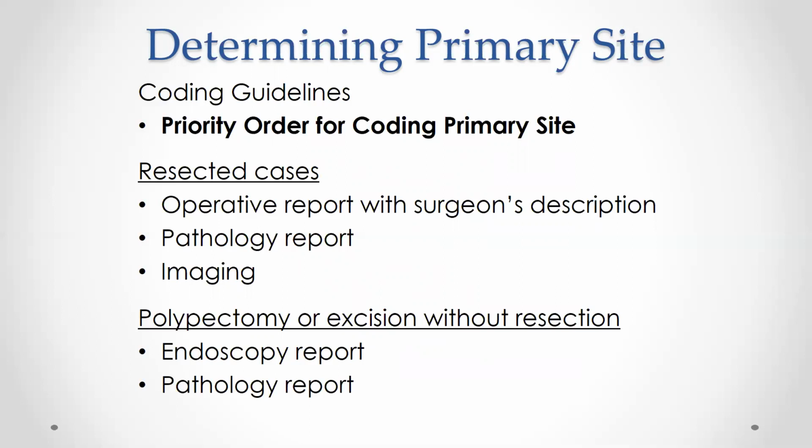For resected cases, the operative report with the surgeon's description should be used over the path report or imaging to determine the primary site. In general, don't rely on the path report label unless that's all you have, because remember, the surgeon is actually seeing where this tumor is located, and the path report label that goes on there is only as good as what was labeled in the operating room.